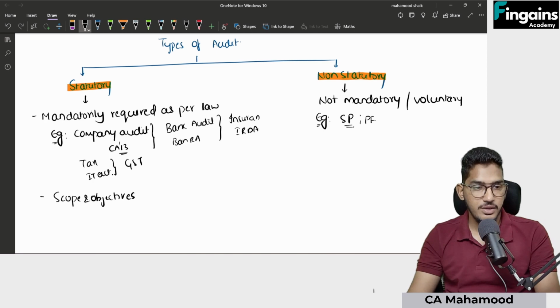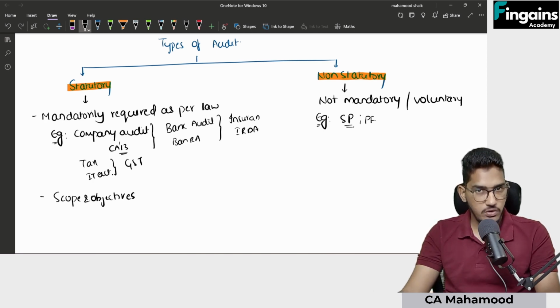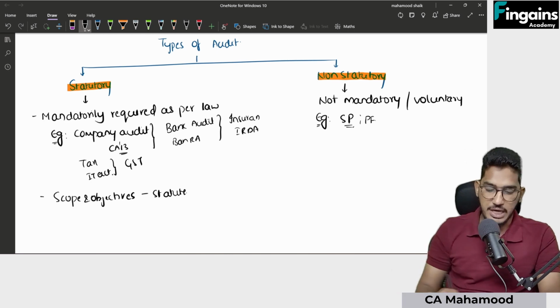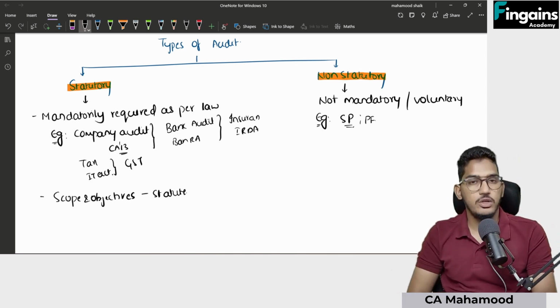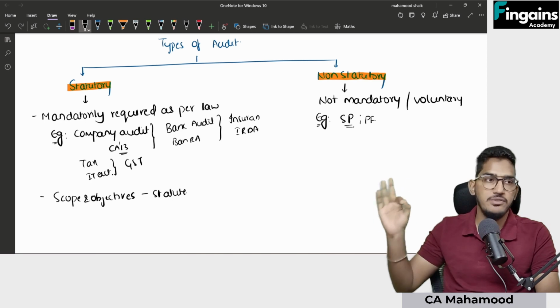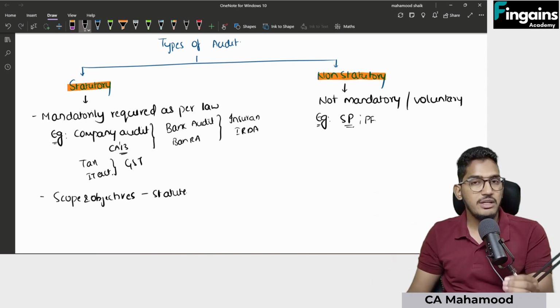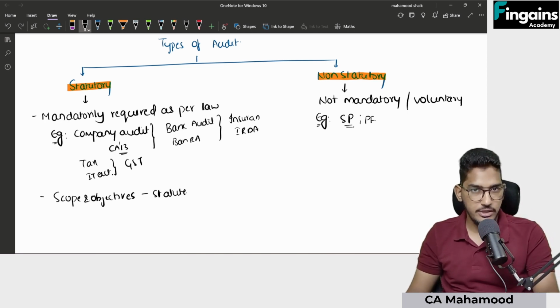In the case of statutory audit, the scope and objectives of the auditor will be decided by the respective statute. What are the rights, duties and obligations of the auditor will be decided by the respective statute. Under whatever law the audit has been made mandatory, the same law will decide the objective and scope of the auditor.